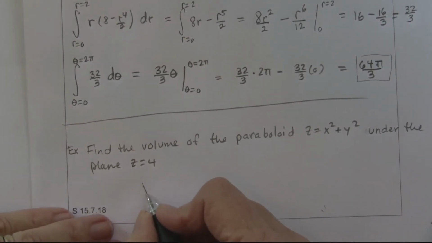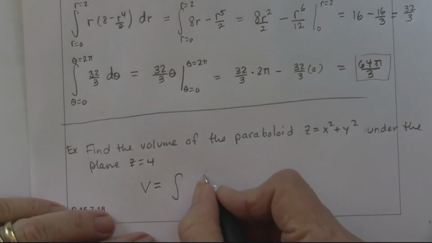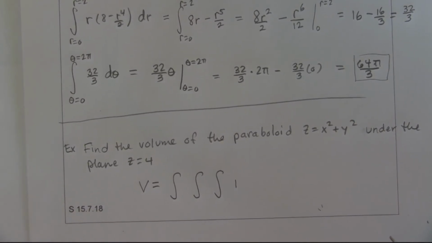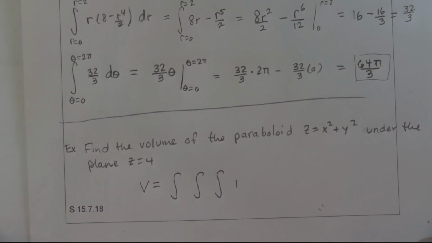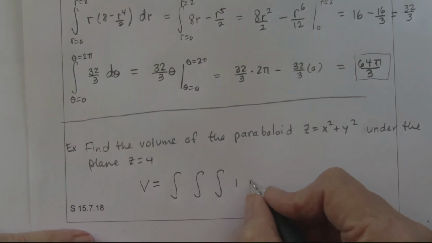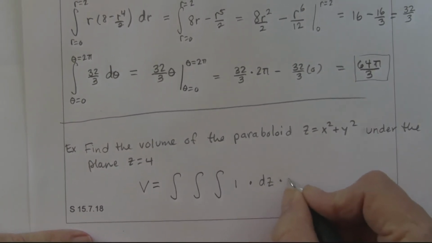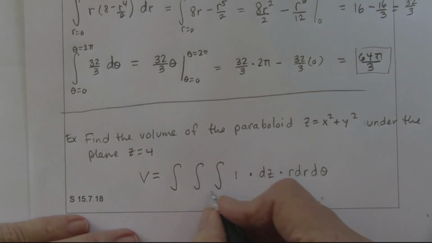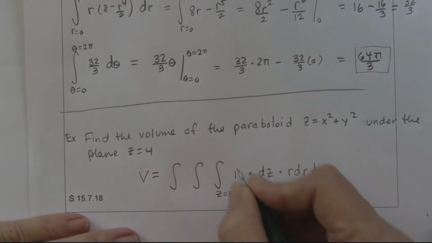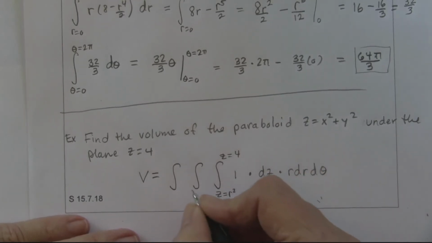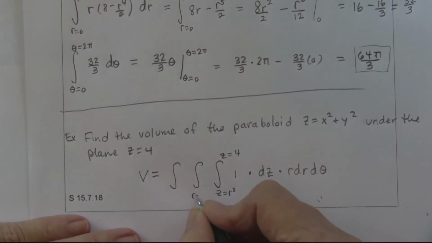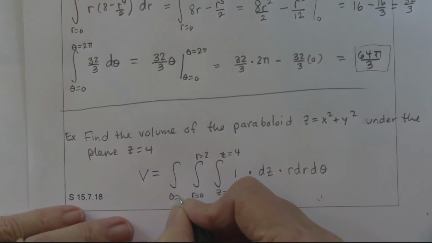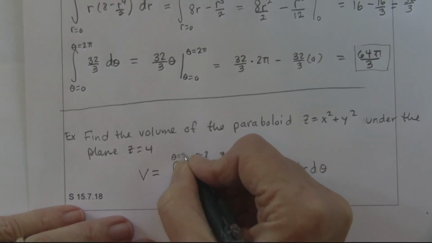So that means to find the volume, we're going to be integrating 1, right? So that's how you would find the volume. You let your function be 1. So that's how it would be different. And it would still be dz and then r dr d theta, where z was going from r squared to 4, and r was going from 0 to 2, and theta is going from 0 to 2 pi.